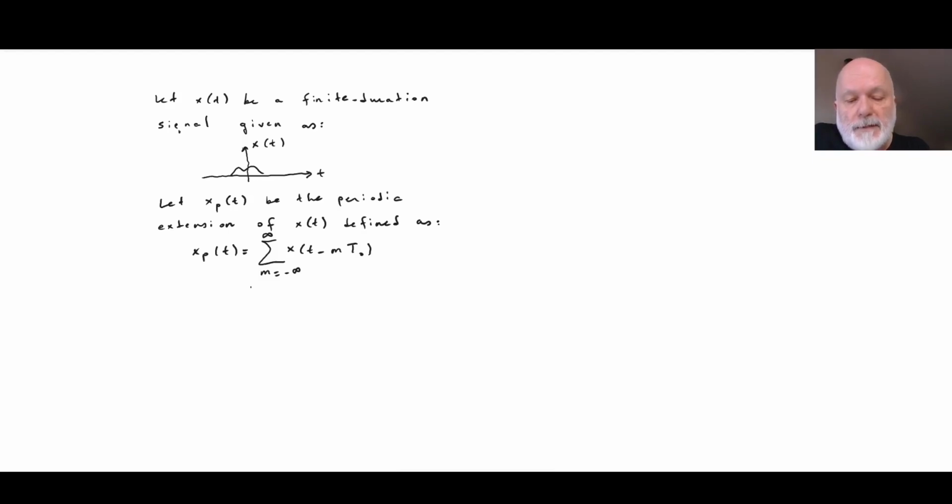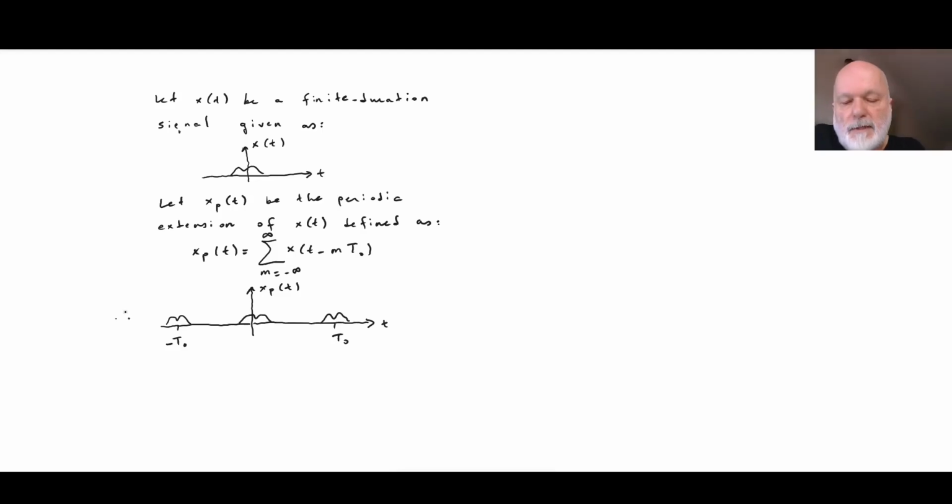So graphically we have the following representation. This is t, this is xp of t. So it will be this signal repeated periodically with a fundamental period capital T0.